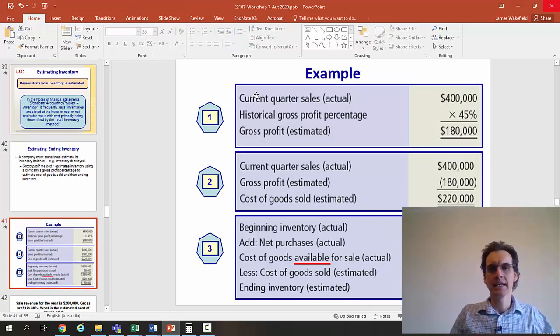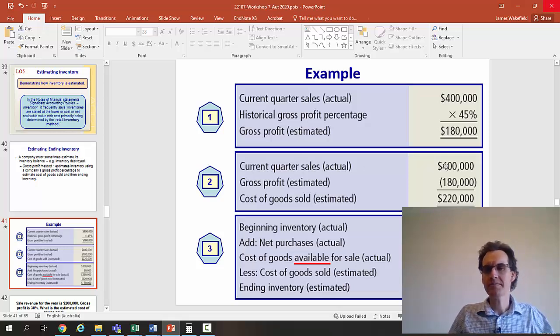So let's say our current quarter sales are $400,000. If our historical gross profit percentage is 45%, then of course our gross profit will be $180,000.